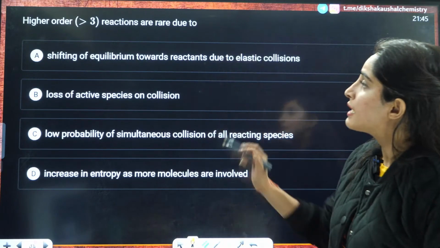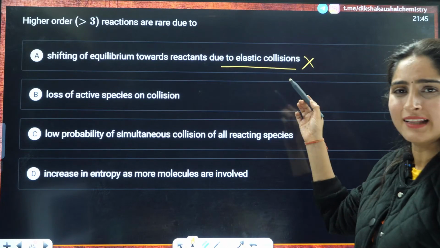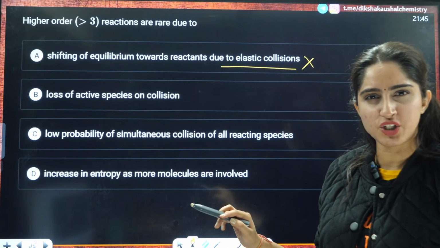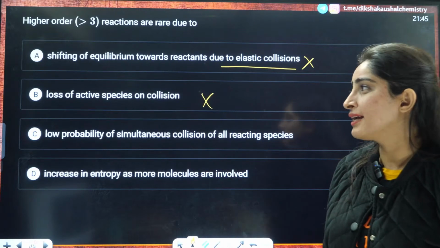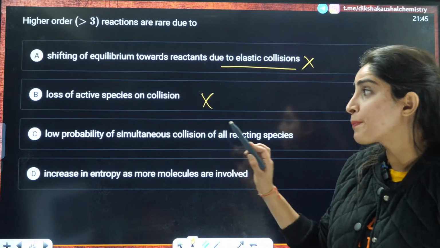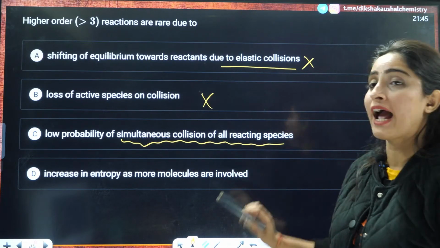Why? Shifting of equilibrium towards reactant due to elastic collision? No, nothing like that we have studied. Loss of active species on collision? It can be an answer, but not exactly the right one. Low probability of simultaneous collision of all reacting species.